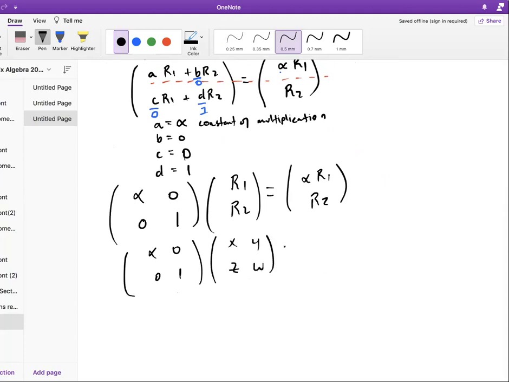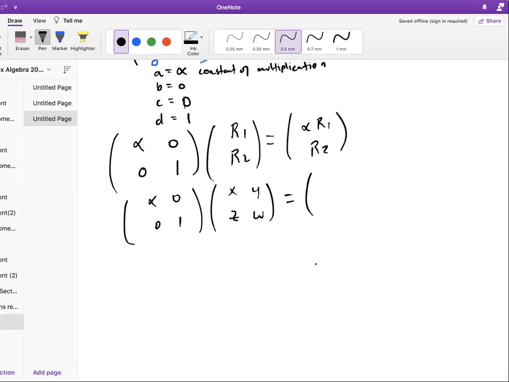Okay, let's just double check. What's the first row? Alpha x. And then what's the second element of the row? Or this entry here?